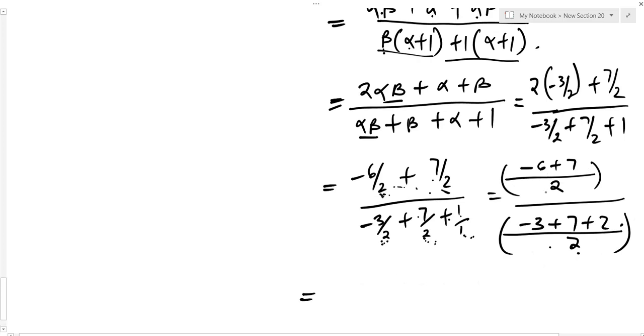Minus 6 plus 7 over 2 will give you 1 over 2. Divide by this denominator, minus 3 plus 7 plus 2, will give you 6 over 2.